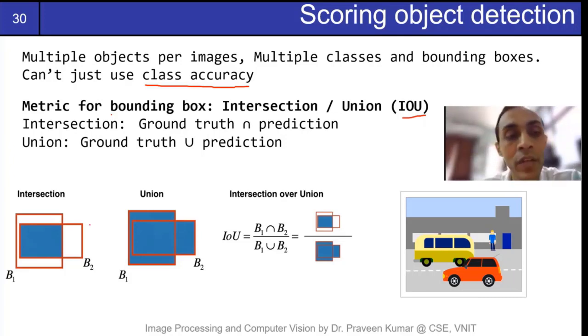If this detection does not overlap with the actual ground truth, then the intersection will be minimal or zero, and the union will be a very high value, so it will give a value close to zero. Similarly, if it is almost exactly fitting the ground truth, the intersection will be the same as the actual thing, and the union will also be the same, so it will almost become 1. So 1 is the perfect match, and 0 or close to 0 will be a low score.